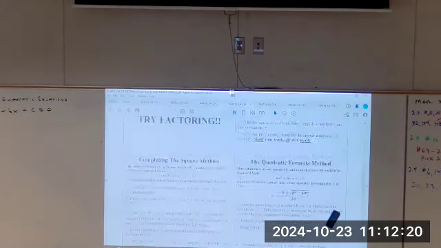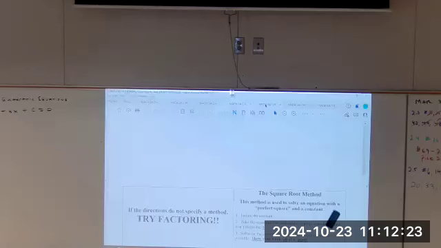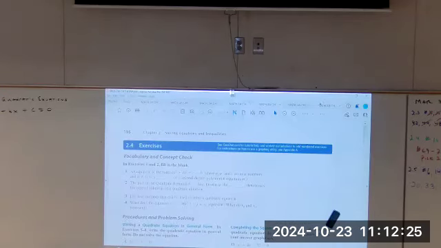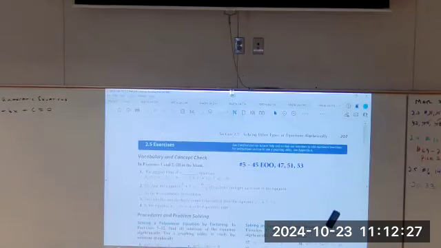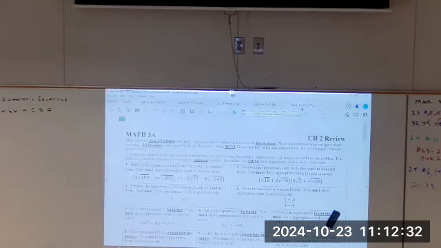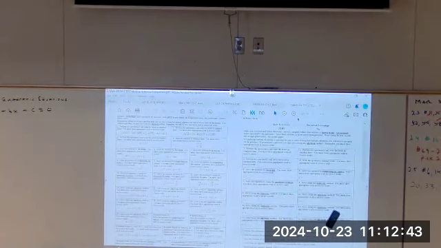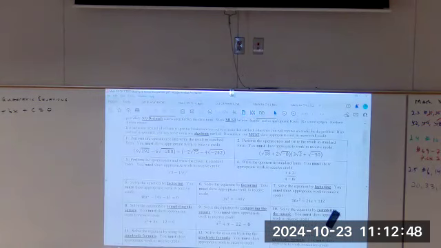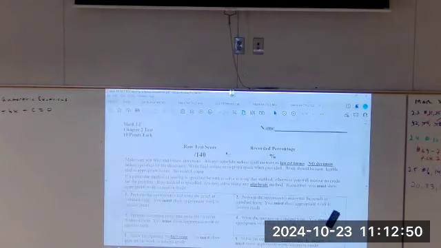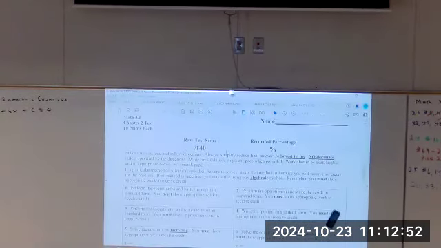I put it into a little table. On your test, I want to make sure we're clear. It is specifically outlined: 10 points each.